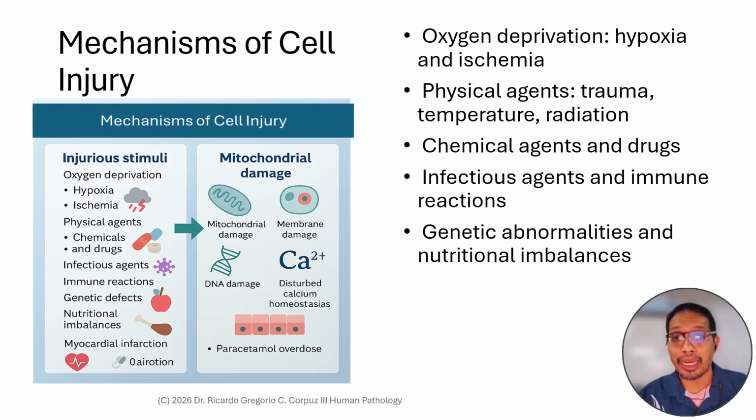The toxic metabolite NAPQI accumulates in the liver, depletes glutathione, and causes oxidative damage to the mitochondria and membranes, ultimately leading to hepatocellular necrosis. This example illustrates that although the triggers differ, the pathways of injury often converge. Understanding this shared mechanism helps explain why very different diseases can produce similar patterns of cellular damage.